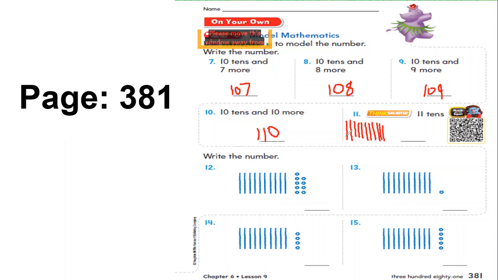So count with me now. 10, 20, 30, 40, 50, 60, 70, 80, 90, 100, and 11 becomes 110. So this becomes 110. This is same as writing 10 tens and 10 more, or you can write 11 tens. This becomes the same 110.